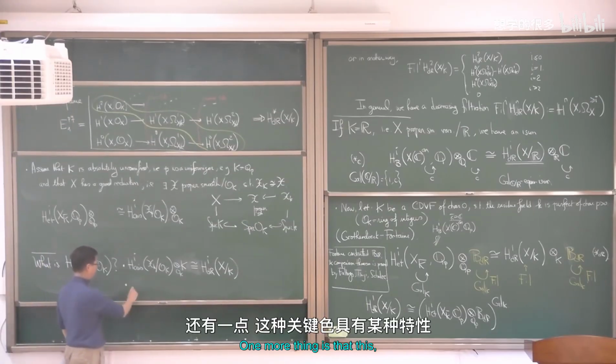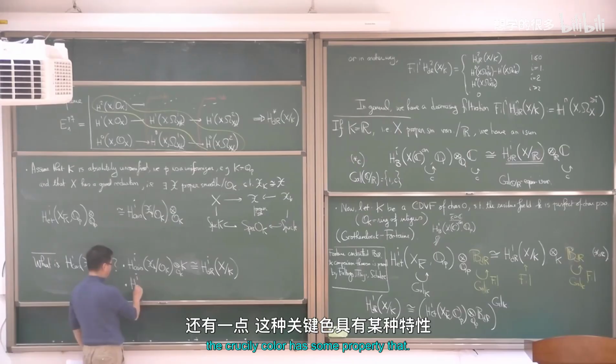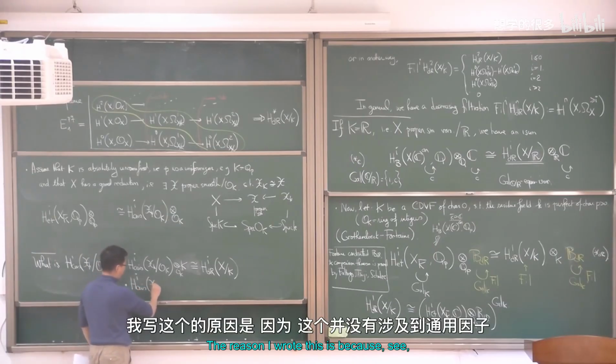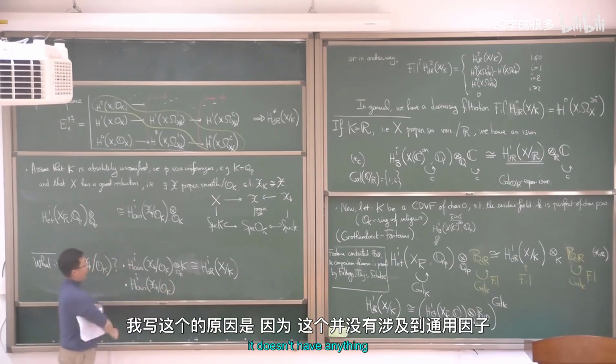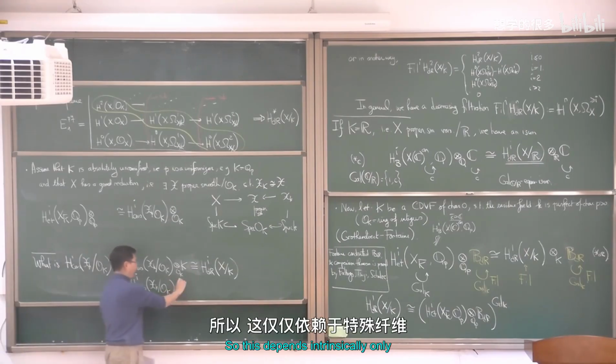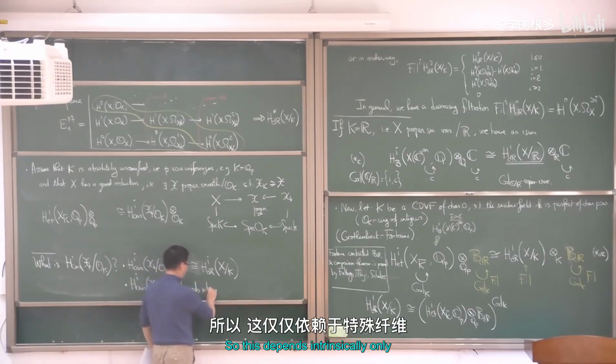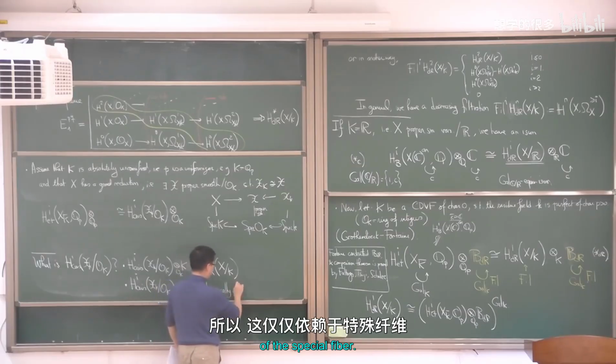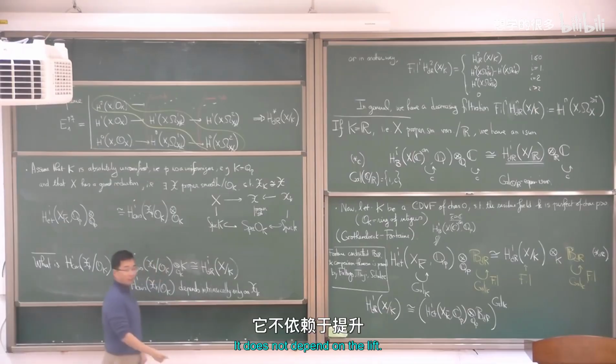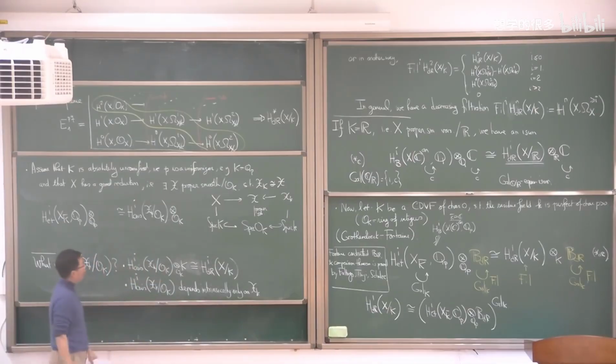One more thing is that this crystalline cohomology has a property, and the reason I wrote this is because it doesn't have anything on the generic fiber. So this depends intrinsically only on the special fiber. It does not depend on the lift.